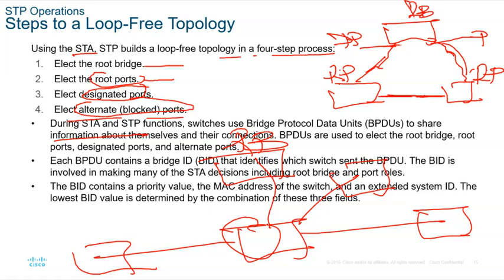The port that connects to the root, that points to the root bridge, is the one that is going to have the root port role. But are these other ports pointing to the root bridge? No. So all these ones are designated ports.